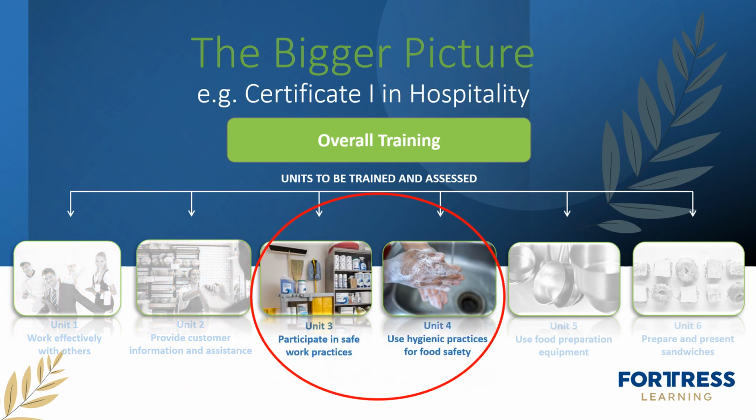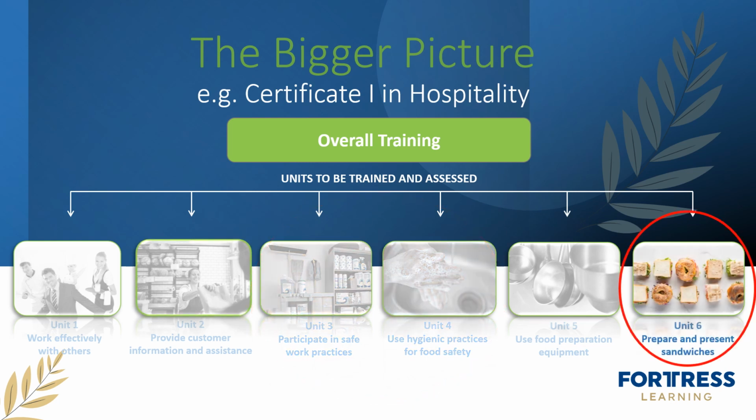Similarly, with Units 3 and 4, the same could be considered, as both units relate to safe work practices in hospitality. On the other hand, you may decide that a unit of competency is best served as a learning program unto itself, such as prepare and present sandwiches.